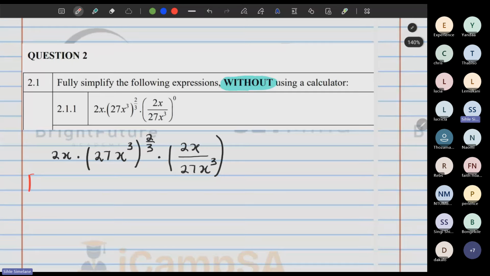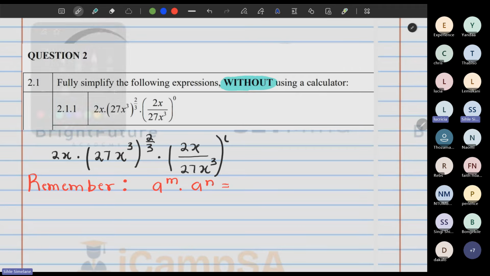First one is, remember this. So we covered this before. A to the power of m times a to the power of n. What is it, geniuses? A to the power of m times n.